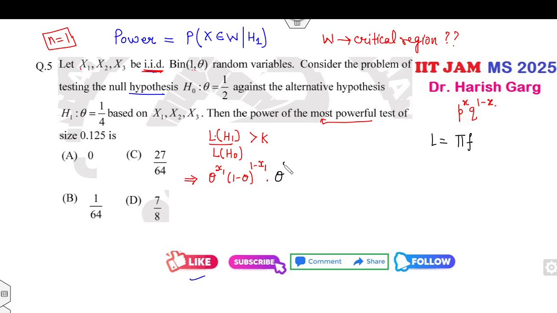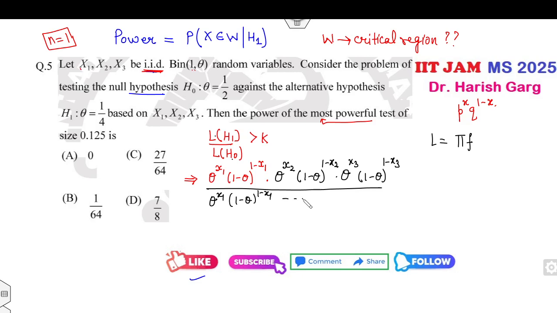So times theta, 1 minus theta of 1 minus x2, then x3, 1 minus theta of 1 minus x3, divided by the same thing but for the H naught. So x1, 1 minus x1 and so on. So I can substitute the value of 1 by 4.